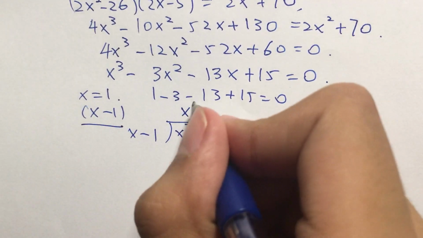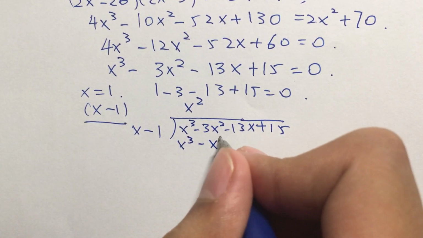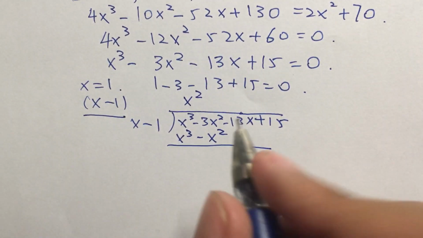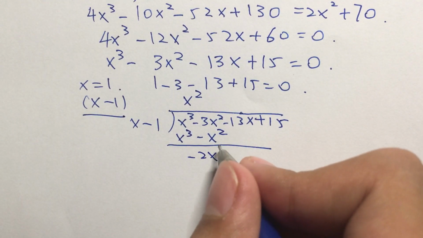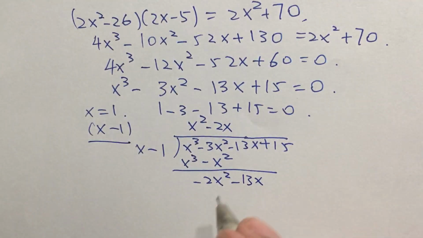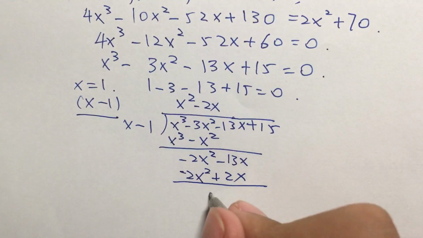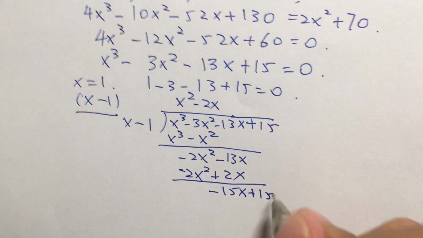And we can do x cubed here, x squared here, x cubed minus x cubed, and then negative 2x squared minus 13x, minus 2x squared plus 2x, negative 15x plus 15, and we get 0 here.